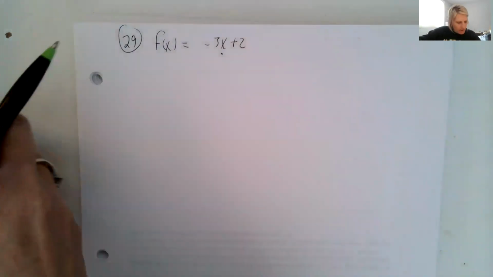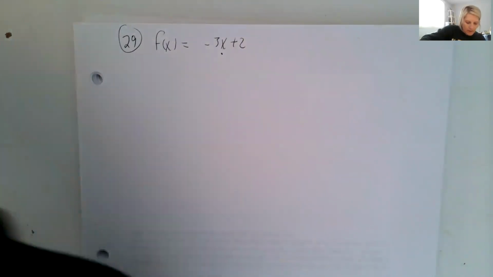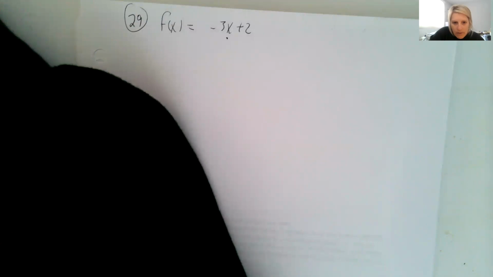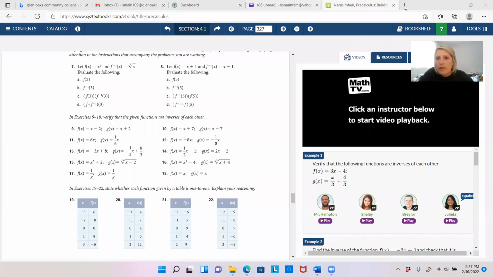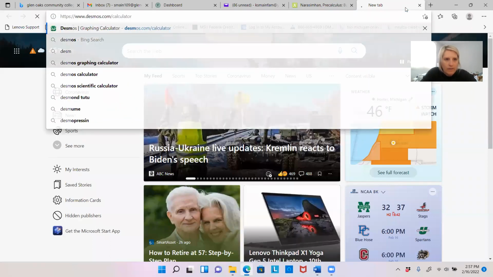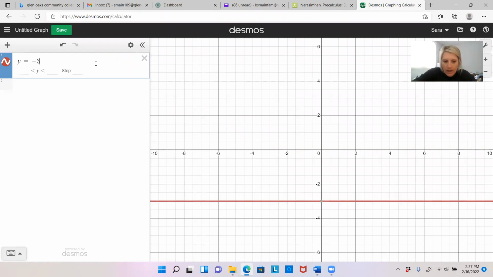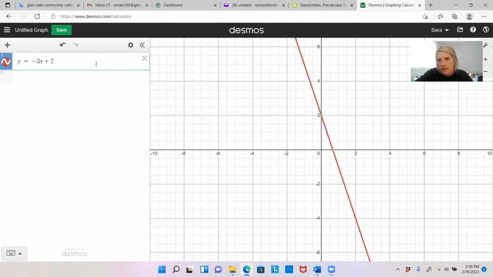And we can see that if we go to Desmos, we can put the graph in. Don't have my mouse here today, so it's working a little bit clunky. So if we go to Desmos and we put in y equals negative 3x plus 2, we'll see that it does pass the vertical and the horizontal line test. We can also do this by hand.